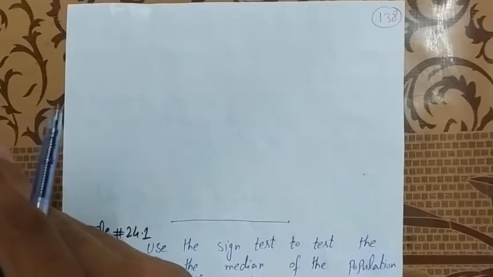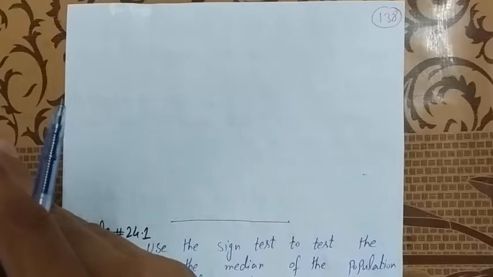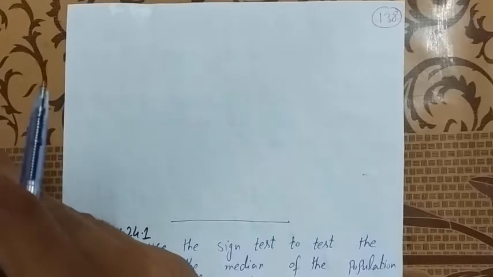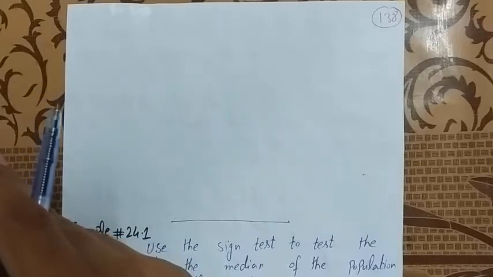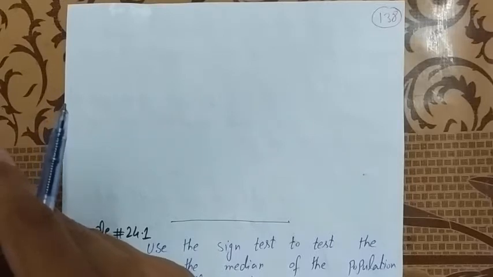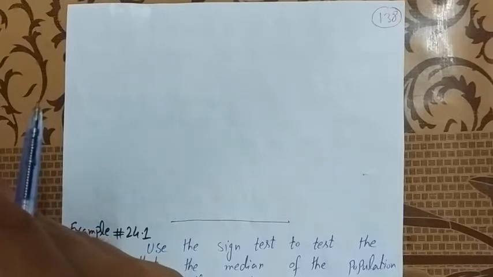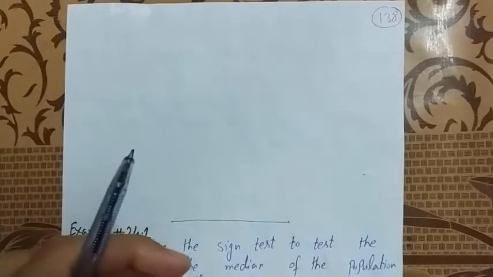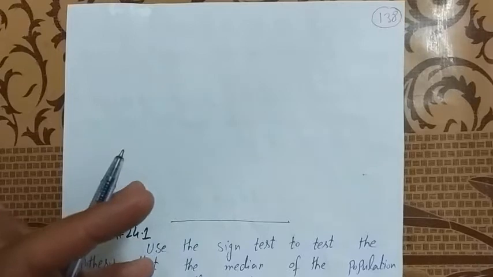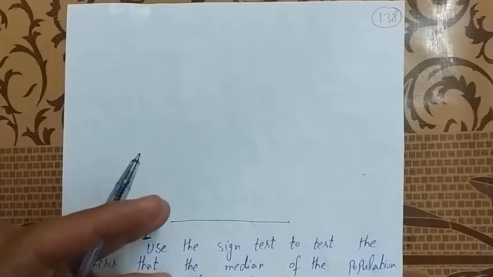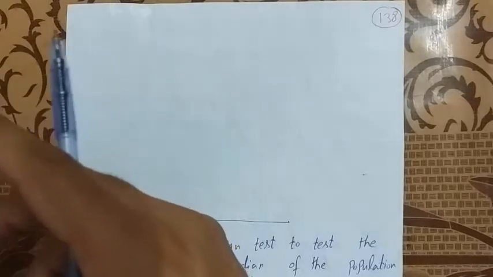The only difference between the one sample procedure and this two sample procedure is two points. First, the null hypothesis and alternative hypothesis that we use in the one sample will be changed for two samples, as well as the fourth step, which is the computational step.